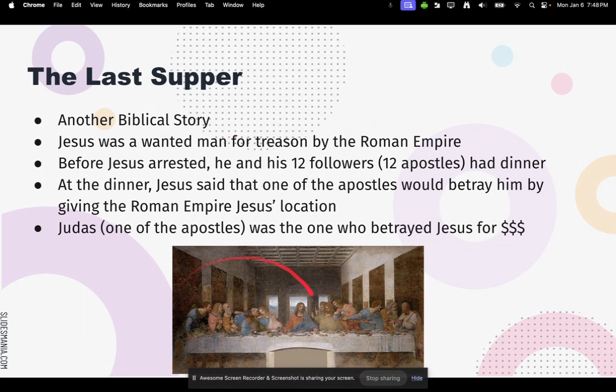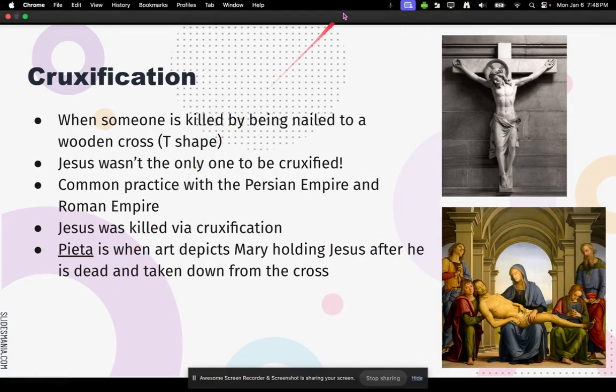As you can see in this picture here, and Rick Steves will talk more about this picture, they're all like, what? Who would betray you? How dare they? Everyone's kind of in a panic, except for this dude right here, because that's Judas. He was one of the apostles, and he was the one who betrayed Jesus for some cash.